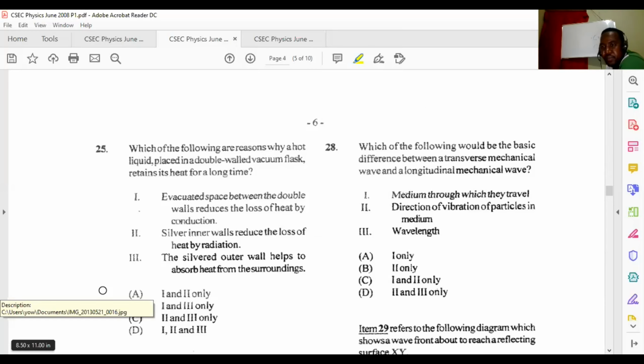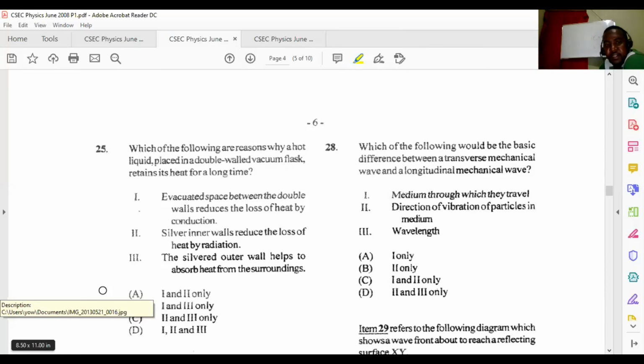All right, so in that case, the problem with that is that it can be true and it can be false. Number 2? Yes, it can be a true statement and it can be a false statement as well. Why is that so, sir?